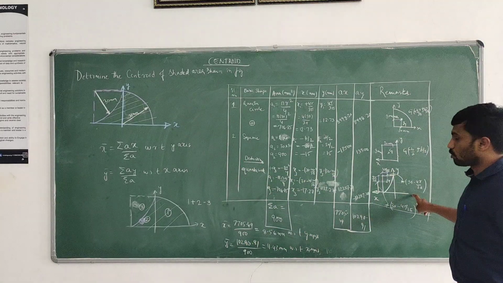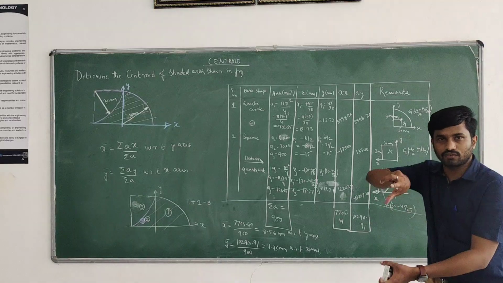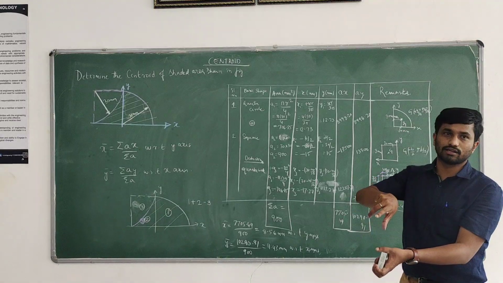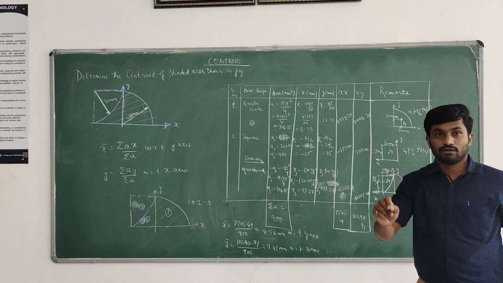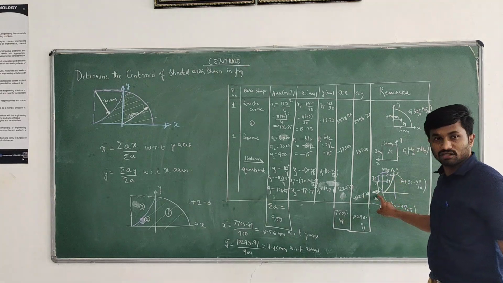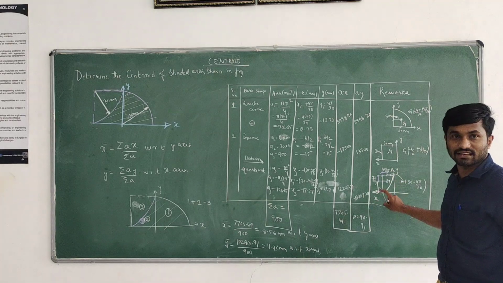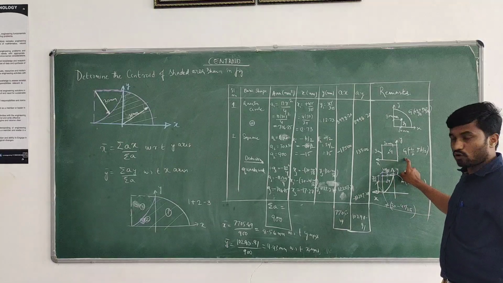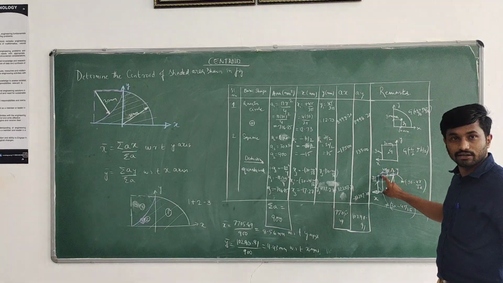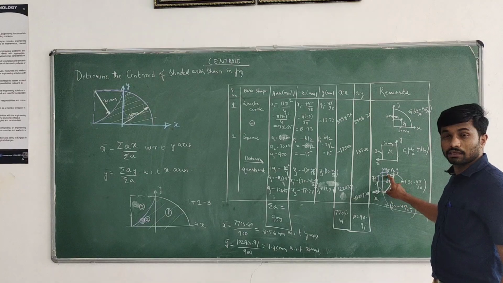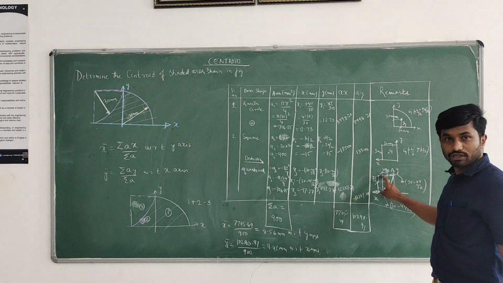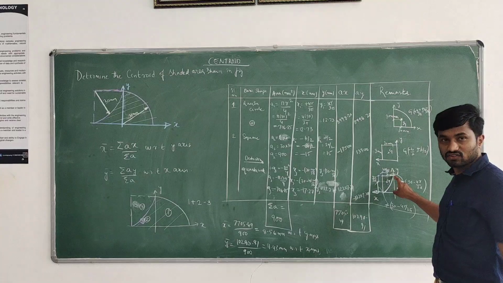Also one more important thing, if a reverse semicircle or reverse quarter circle is given, the thing is from where you are measuring the centroid. In this particular problem, we are measuring the centroid with respect to the centroidal axes x and y. Therefore, the origin of the semicircle is here, quarter circle is here. The value is 4r by 3 pi from the origin, but we require the centroid with respect to the axis.